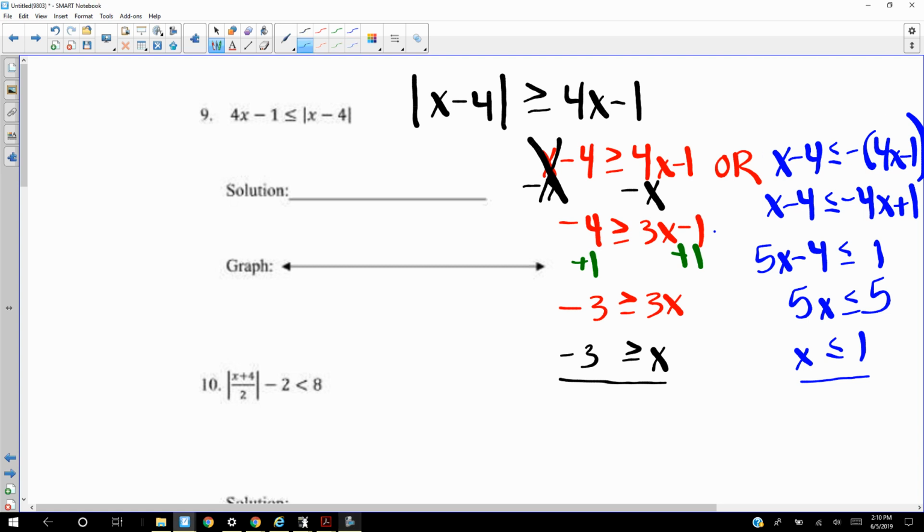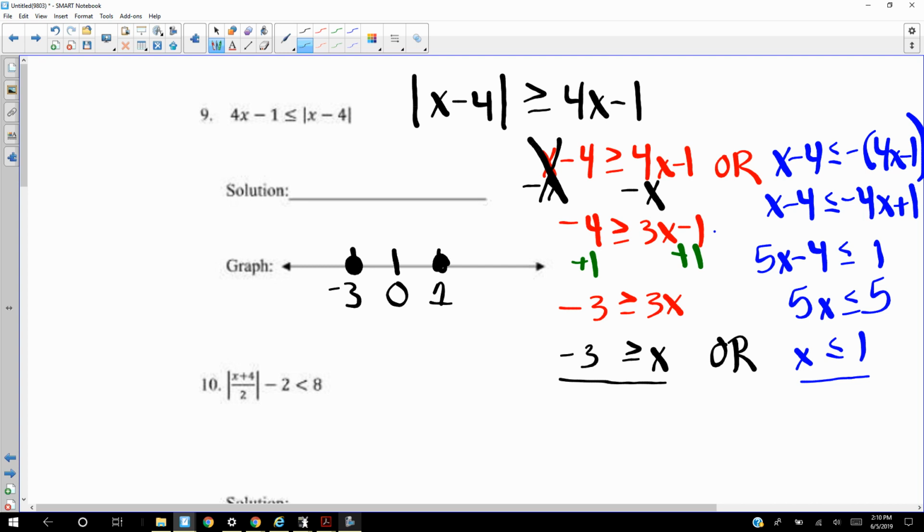So here's our answer. x is less than or equal to negative 3 or less than or equal to 1. So of course, when we graph that, 1 goes here, negative 3 is somewhere right about there. These are both solid dots.